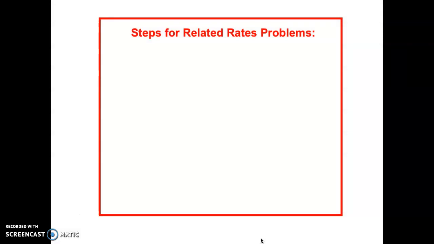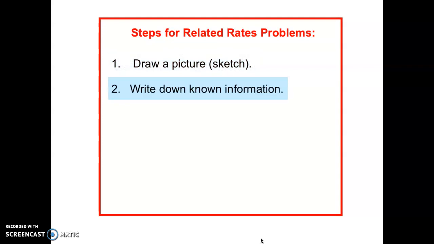So here are our steps for a related rates problem, and we're going to do a bunch of these. There's a bunch in this particular PowerPoint, and then I'm going to do a bunch more on some worksheets that we have. So here are our steps. We draw a picture if we can and try to sketch the situation if it's not given to us. Next, we write down any information that they gave us from the few sentences that we get.